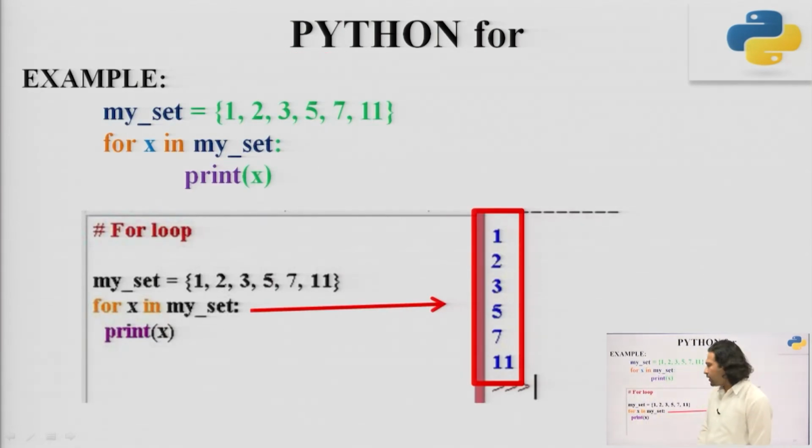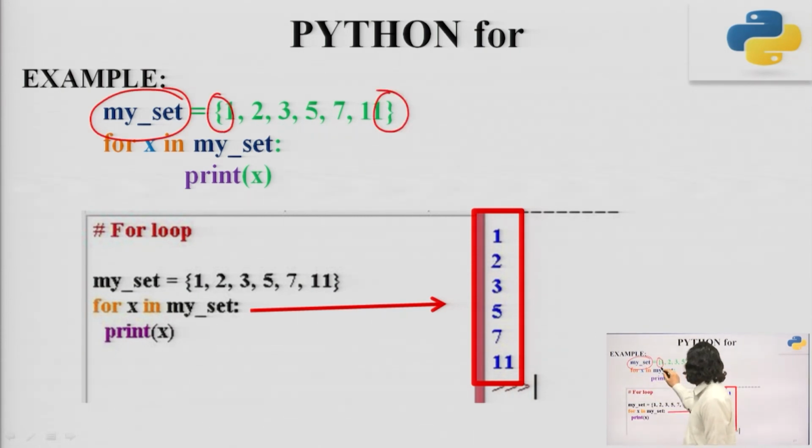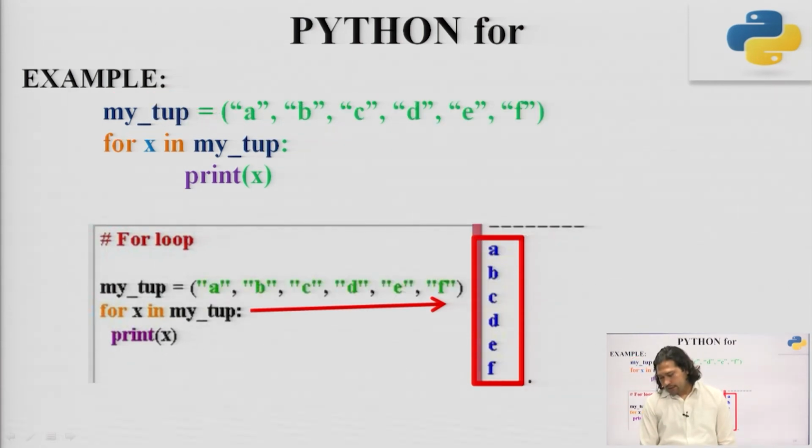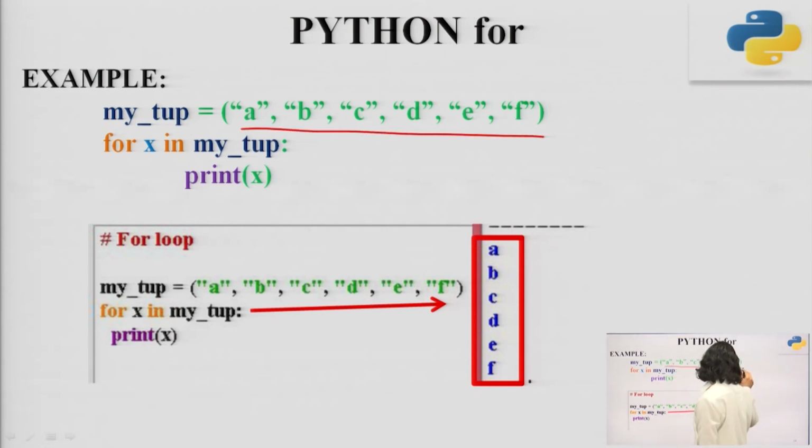Now look at this one, when we have the set data type, because these curly brackets represent the set data type, and when this data type is used in the for loop, again the output is represented the same way. So the list data type, the set data type, and here again the tuple data type is taken as an iterable.